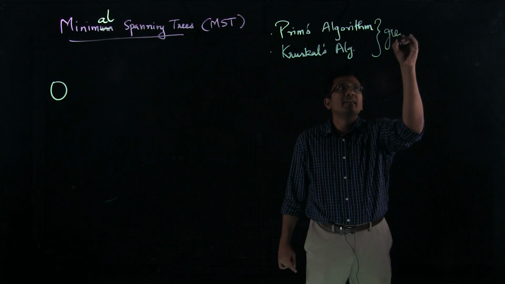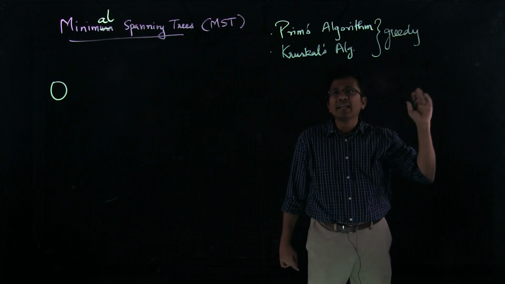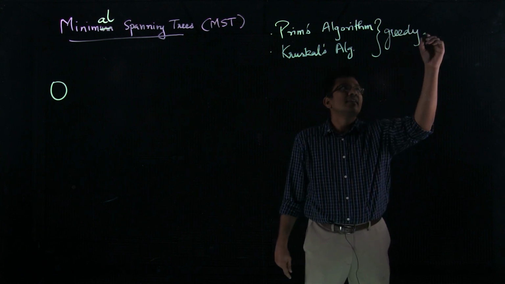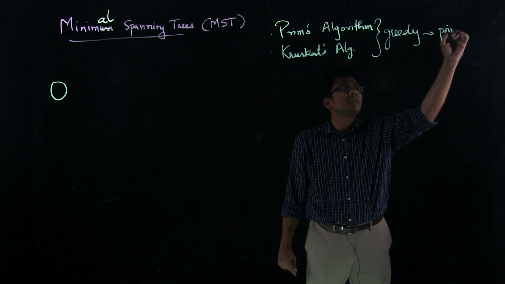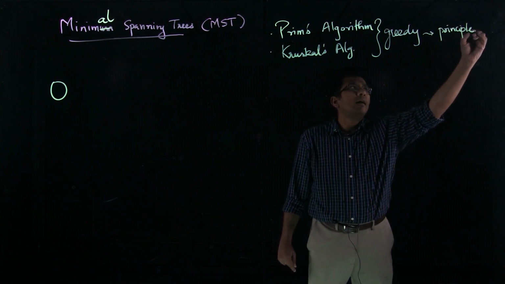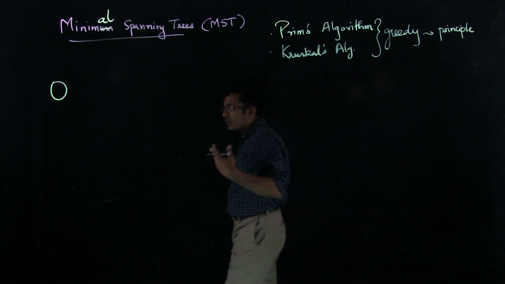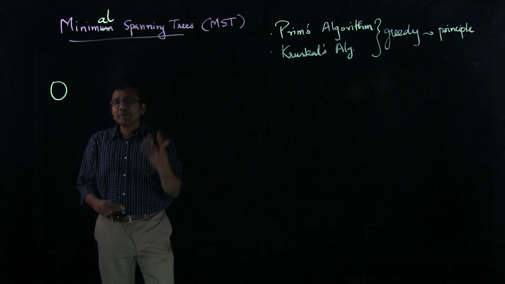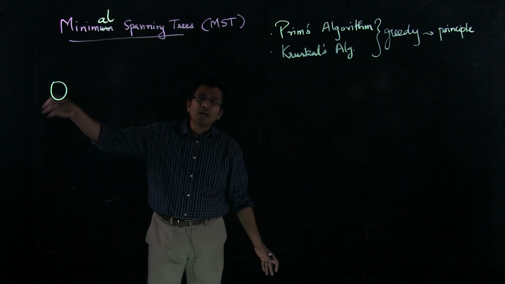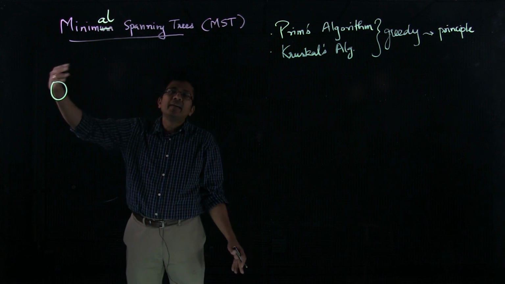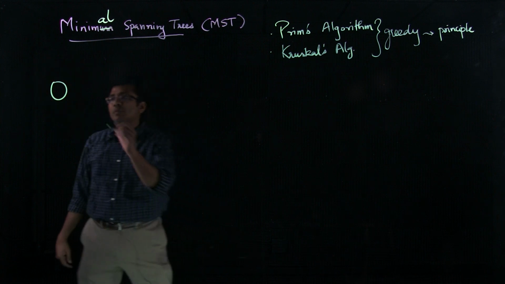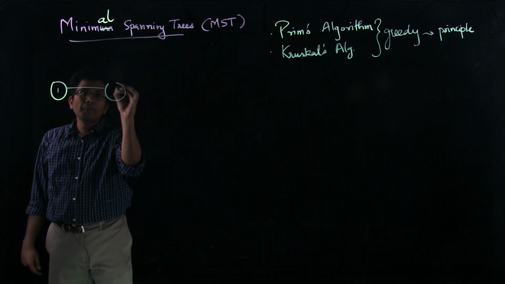So this is a poster child for greedy algorithms, and they are both based on a very similar principle. They just exploit it differently. So let us first talk about this principle and then talk about how the two algorithms exploit it separately for each algorithm.